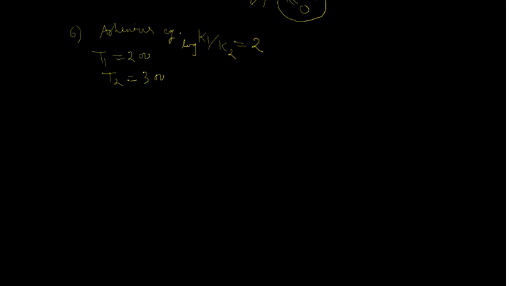If you know the Arrhenius equation, then it would be easy for you. You can apply this concept here: log of K2 by K1, the ratio of the two rate constants, equals activation energy Ea divided by 2.303 R, multiplied by (T2 minus T1) divided by (T1 into T2).